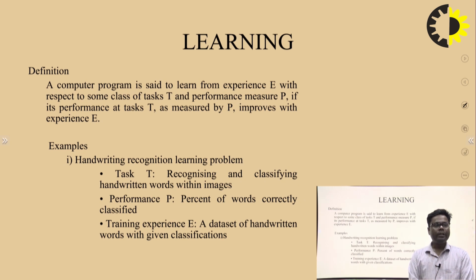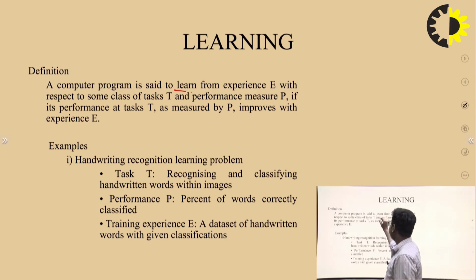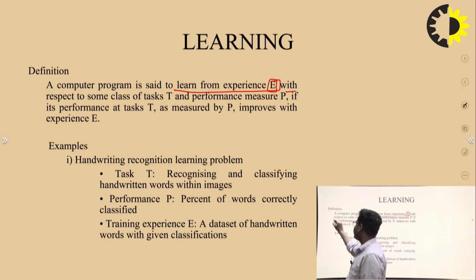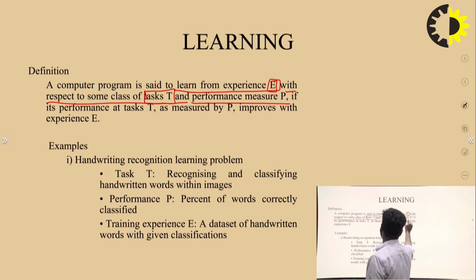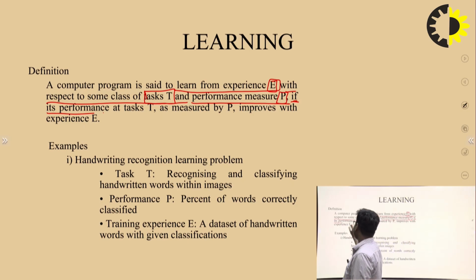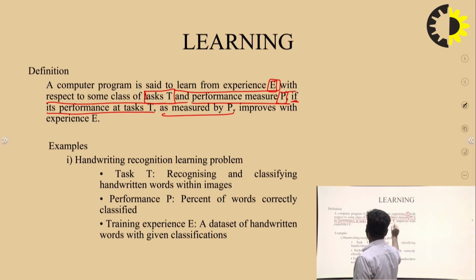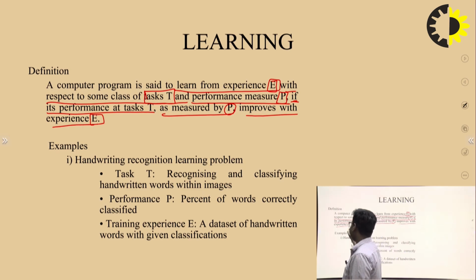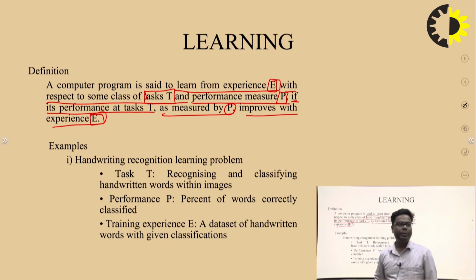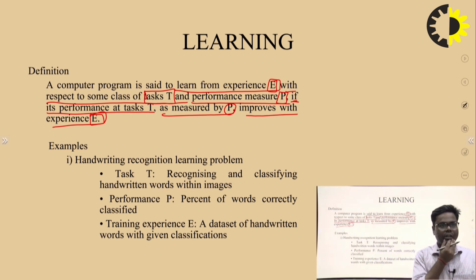So for machine learning, a computer is said to learn from experience E with respect to some class of task T and performance measure P, if its performance at task T as measured by P improves with experience E, meaning the experience is improving here.